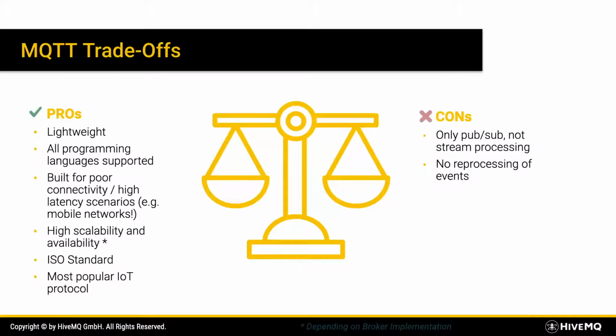Scalability and availability is very high when using a clustered high-performance broker like HiveMQ. It is an ISO standard and also standardized by the OASIS Technical Committee, and has now been shown for the last 4 years to be the most popular IoT protocol based on the Eclipse Developer Survey.